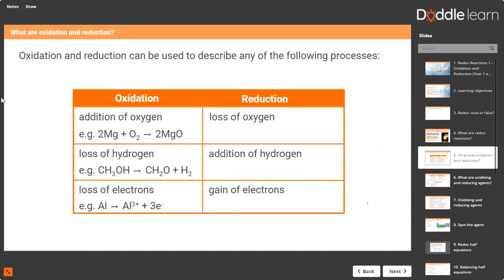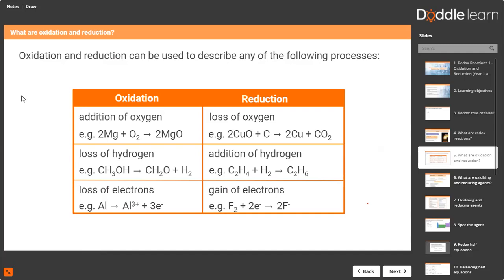Reduction, on the other hand, is the opposite. So loss of oxygen is an example of reduction, addition of hydrogen is an example of reduction, and gain of electrons is also an example of reduction. So here are some examples. We've got 2CuO plus carbon goes to 2Cu plus CO2, so that copper oxide has lost its oxygen.